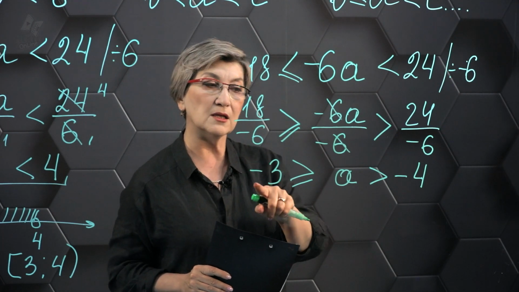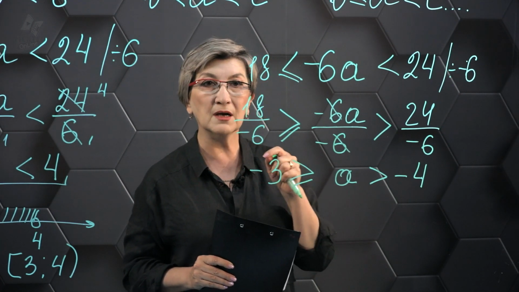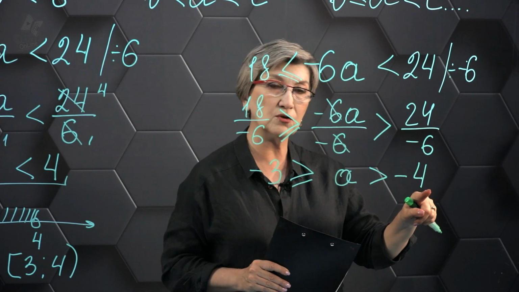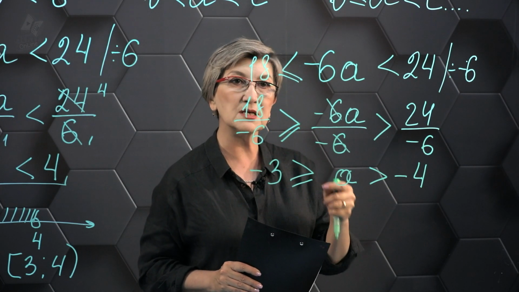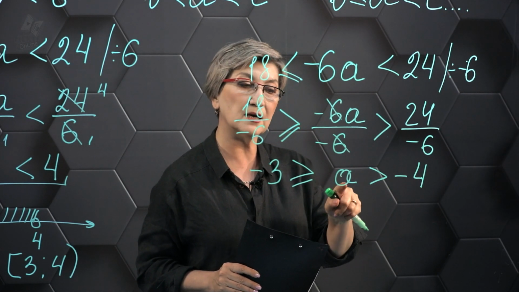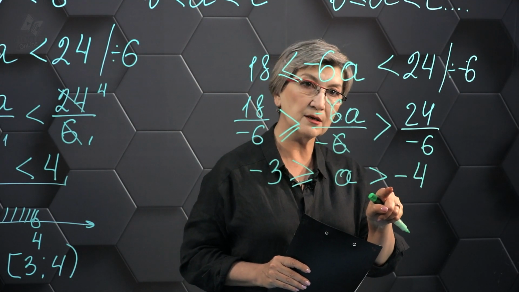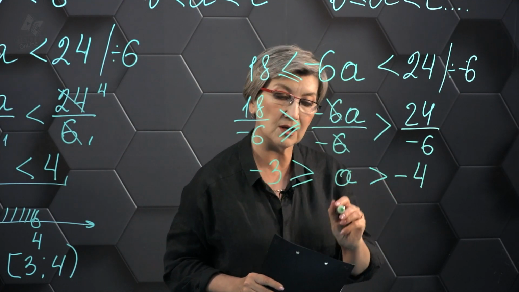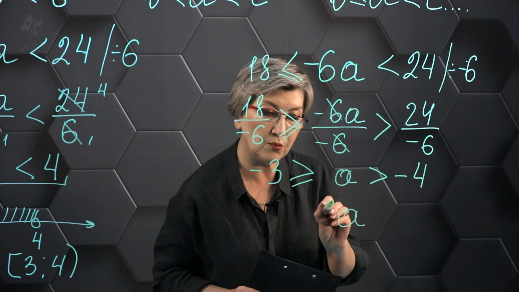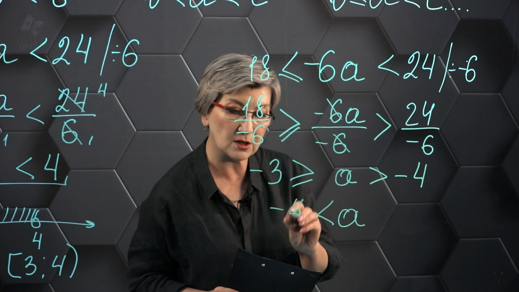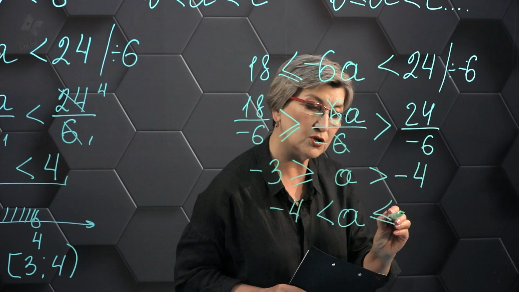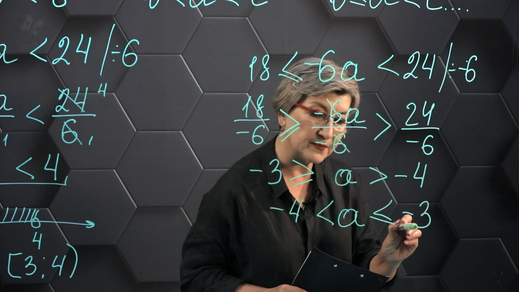Yet, the issue is that in math we noted it shouldn't appear like this. Thus, I will write this inequality correctly. And we always start with a being greater than the number minus 4. Thus, I will express a as being greater than negative 4, but less than or equal to negative 3.